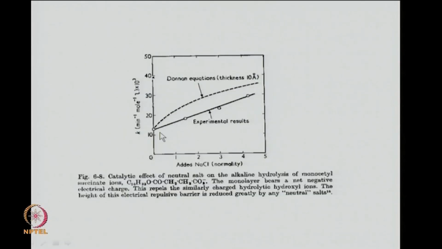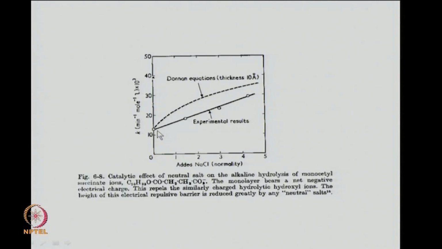Here is a picture of experimental results on rate constant in minute inverse, mole inverse, liter into 10 to the power 3 over this range from 0 to 50, and on x axis we have the added sodium chloride concentration, and that is normality from 0 to 5.